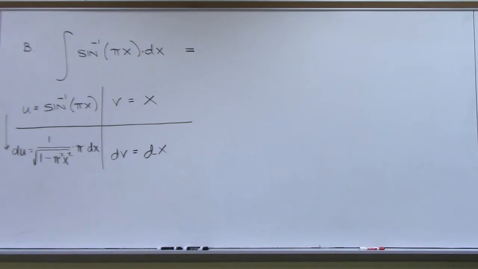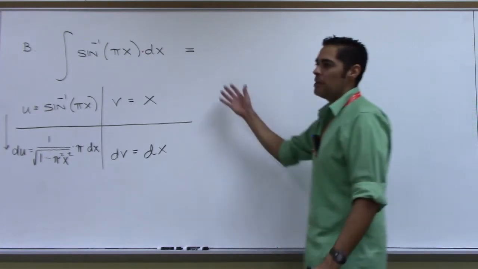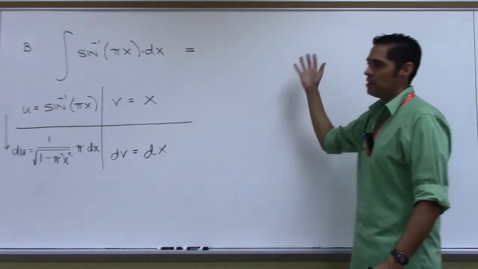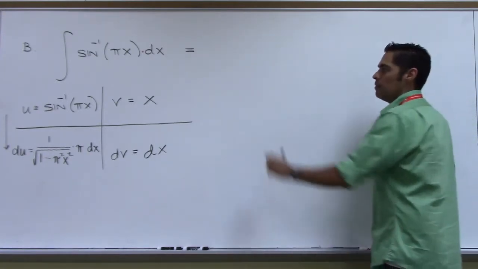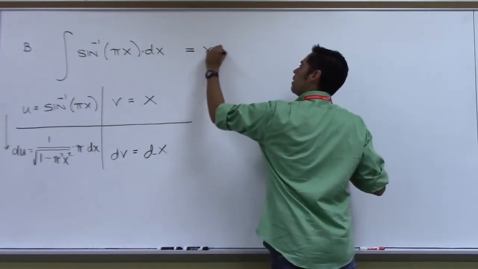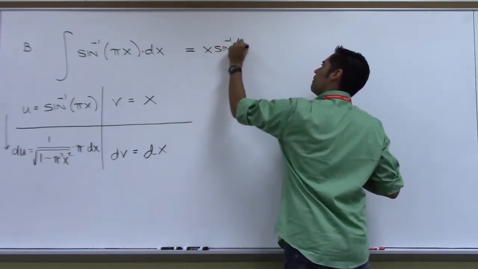Let's see. Alejandro? I don't think I call on you much. Maybe I do. I just want you to tell me what uv minus the integral of v du is going to look like up here. So x and sine inverse of pi x. Okay.